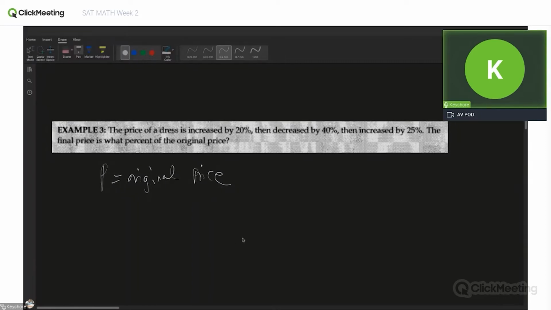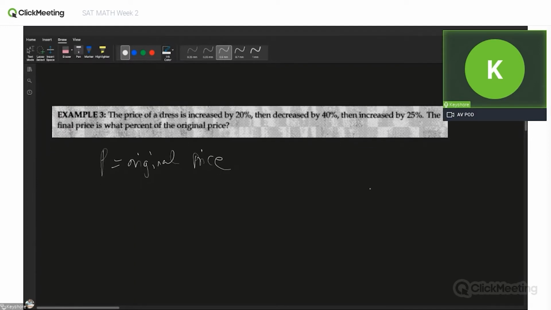All right, Lasha, good job again. So basically how Lasha did this is they were initially saying that they increased the price by 20%. If you guys aren't familiar with percent increases, if this is my original price P and I've increased it by 20%, I multiply this by 0.2.